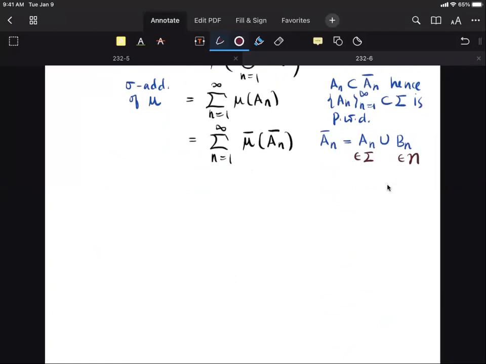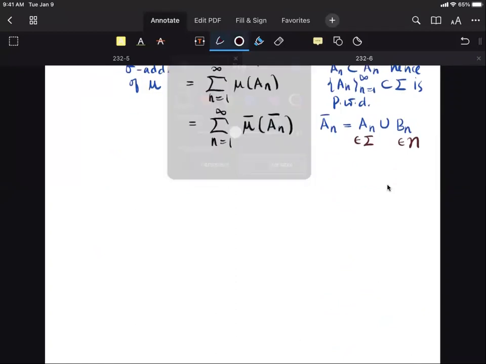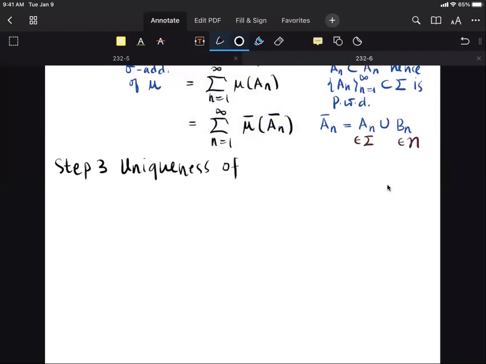Now, if we go to the next step, that is uniqueness of the extension. The standard way of establishing uniqueness is to take, let's say, two extensions, and then you wish to show that they are equal.